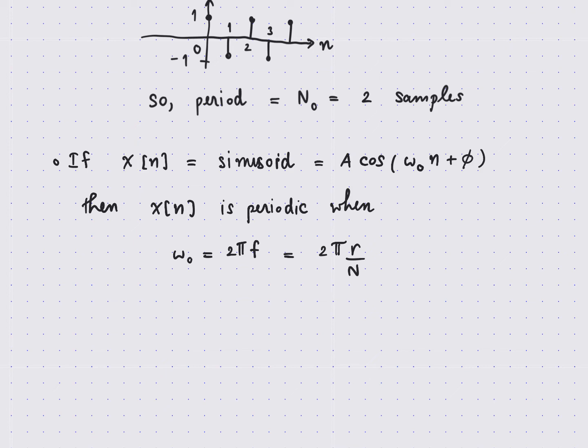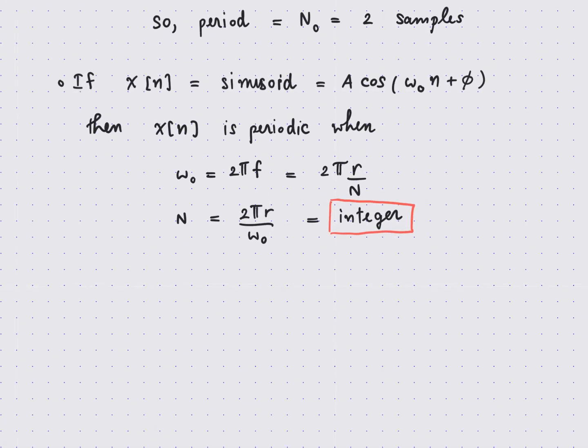Because here you're going to have the period n equal to 2 pi r divided by omega naught, so that has to be some kind of integer. If it is not an integer, then right away you will see that you have a non-periodic signal, because the period for the discrete time signal cannot be non-integer, because samples occur at every integer interval.